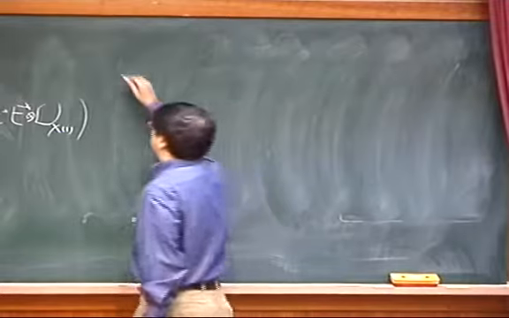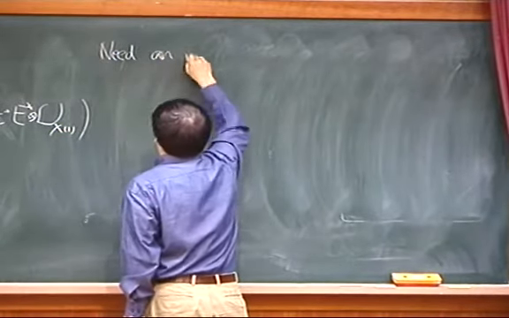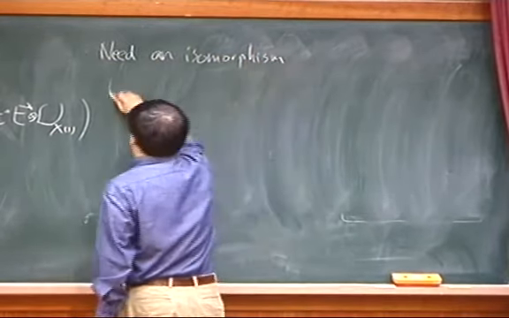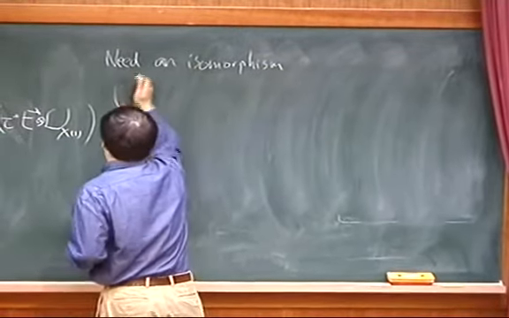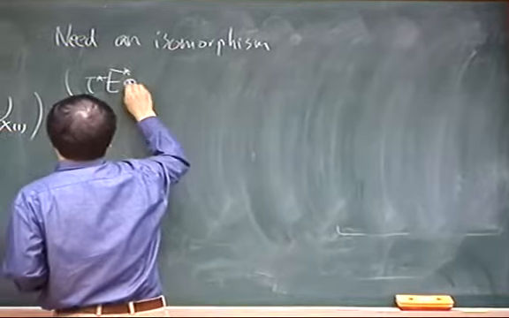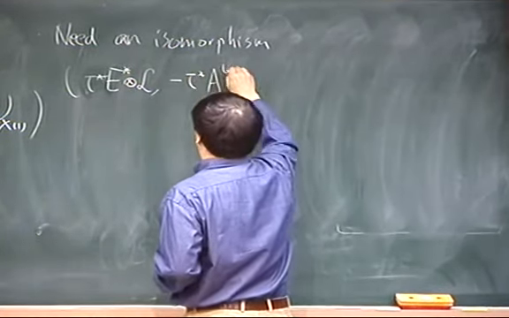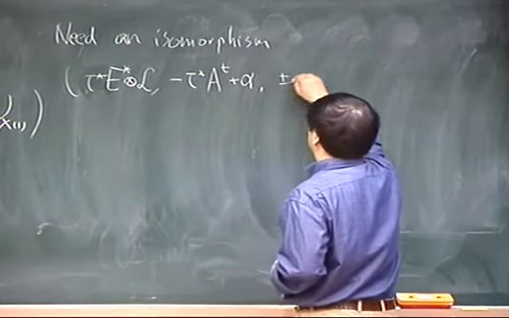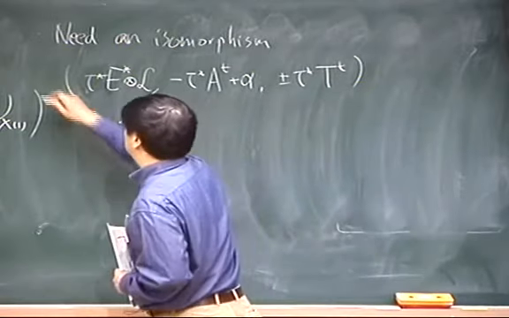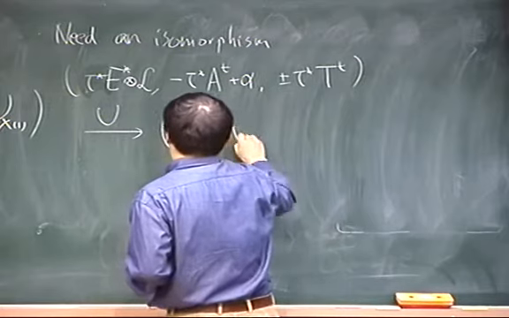So for this we need an isomorphism u from the transformed, the orientifold image plus or minus t, to this.